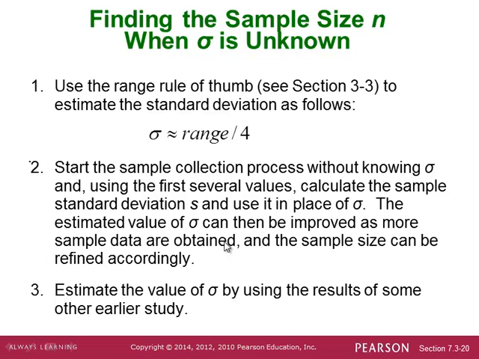The estimated value of sigma can then be improved as more sample data are obtained, and the sample size can be refined accordingly. Or you can estimate the value of sigma by using the results of some other earlier study. So you might have to do a review of literature, for example.